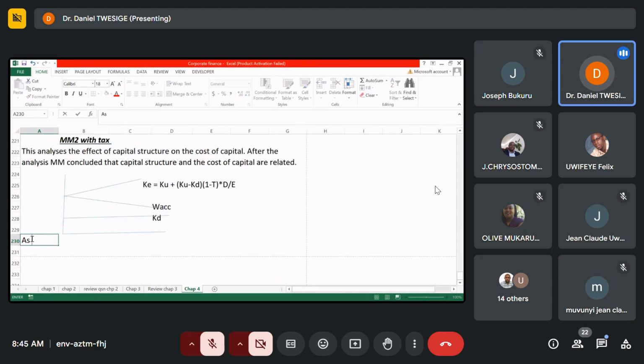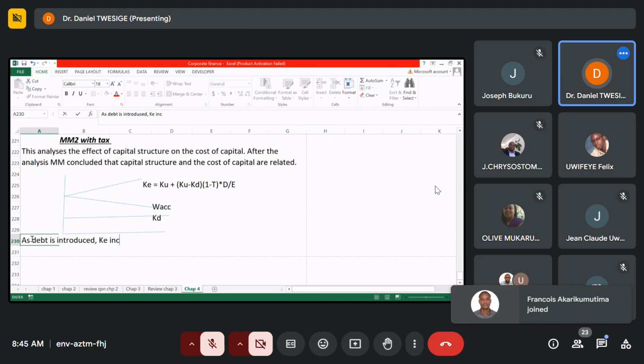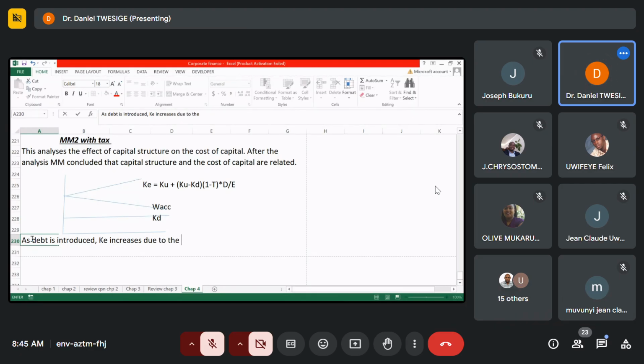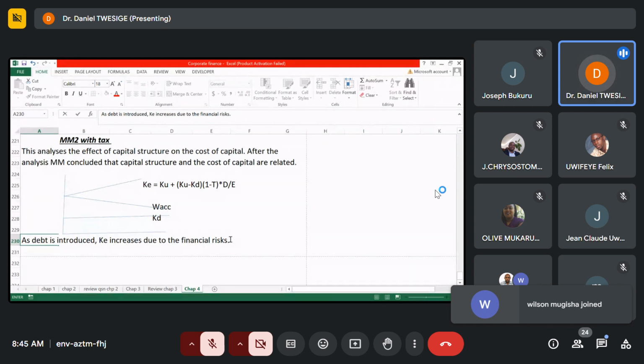So as debt is introduced, KE increases due to the financial risks.